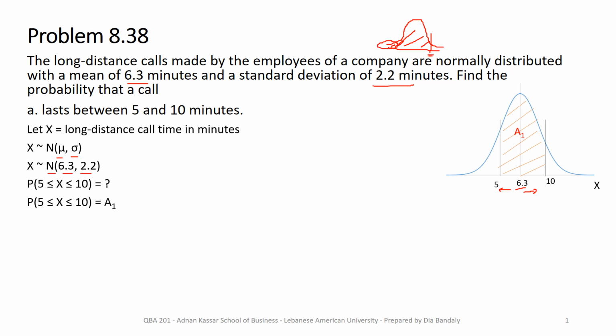So you can see that A1 does not satisfy this condition. A1 is between two boundaries. It's not from the lower tail yet.